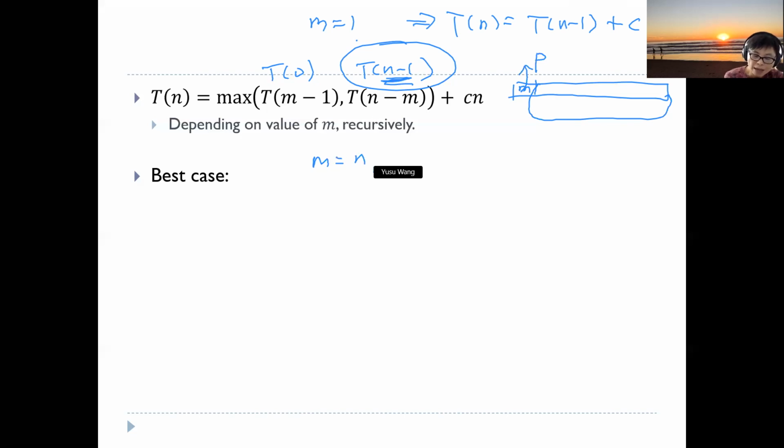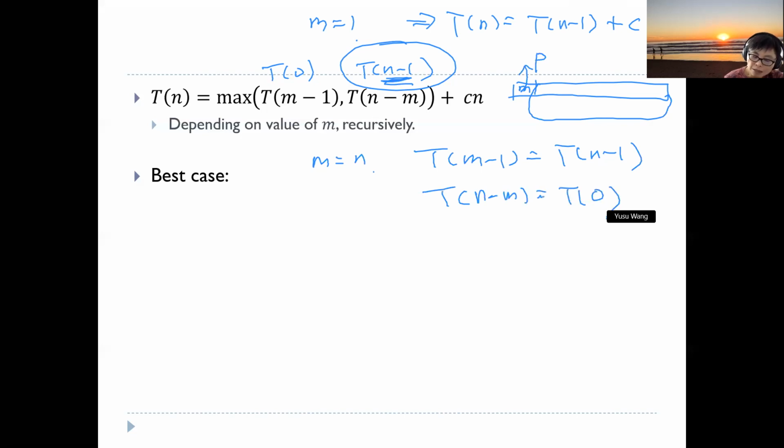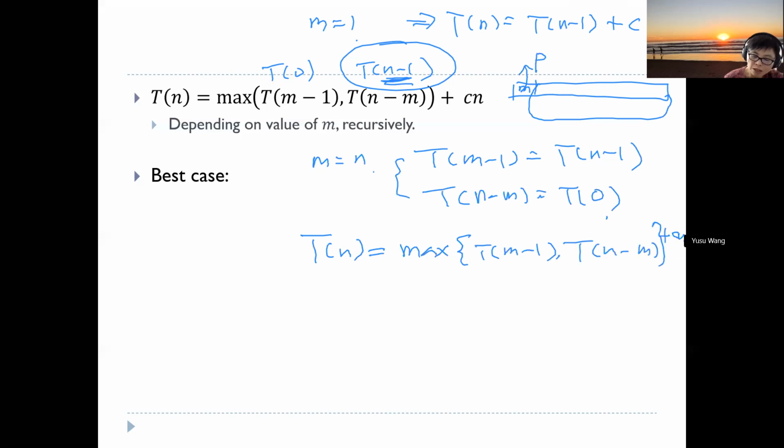If m equals n, then T(m minus 1) equals T(n minus 1), and T(n minus m) equals T(0). That means that my recurrence becomes T(n) equals the maximum of these two, which is still T(n minus 1).